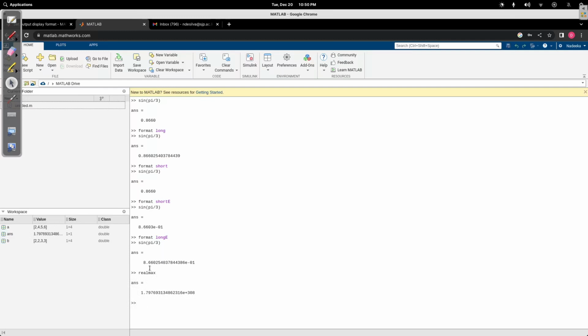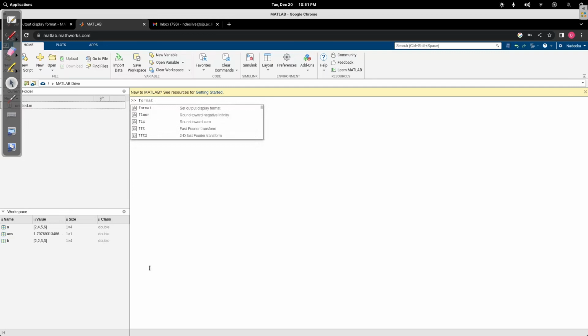Okay, also we have this format rational, and you will get answers in rational numbers. Okay, for example, if I enter 1.5, I'll get 3 over 2. So if you want to keep your answers in rational format, use format rational.